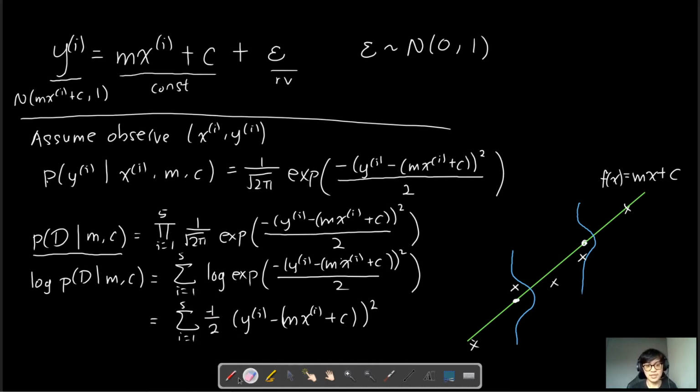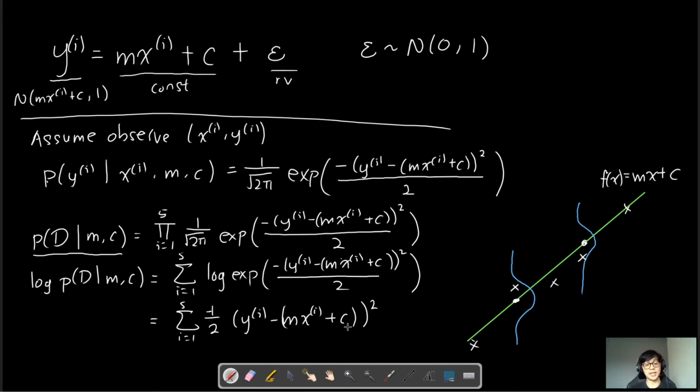And if we ignore it, what we essentially now have is just the negative of the mean square error, right? So recall that what we want to do is to maximize the likelihood, and our likelihood is the negative of the mean square error. So it means that what we want to do is to minimize the mean square error. And we're done, right? We essentially derived the mean square error in a more principled approach, using just some probabilistic assumption about what the noise is.